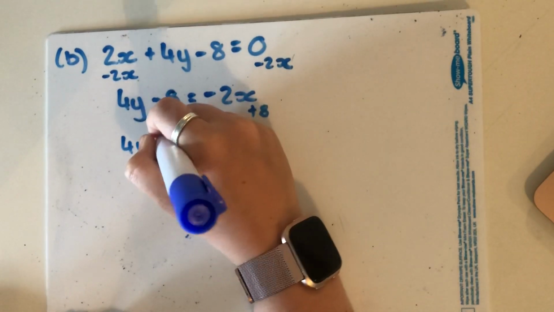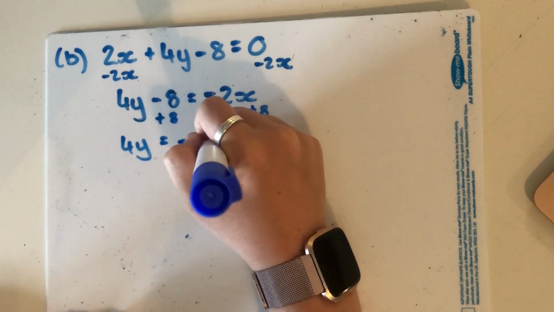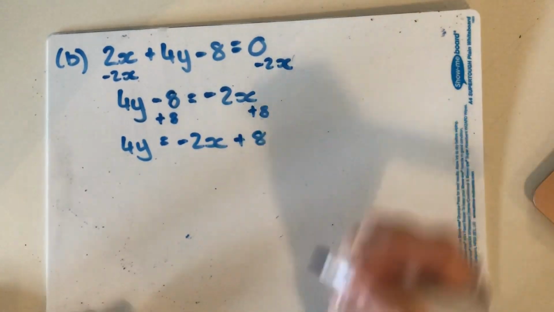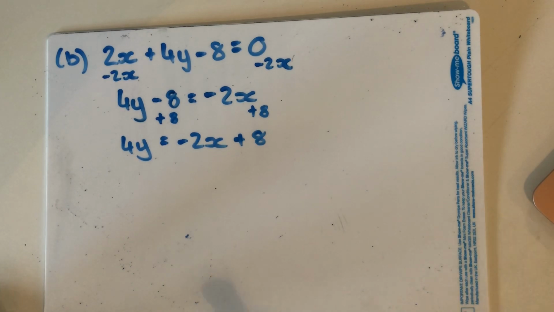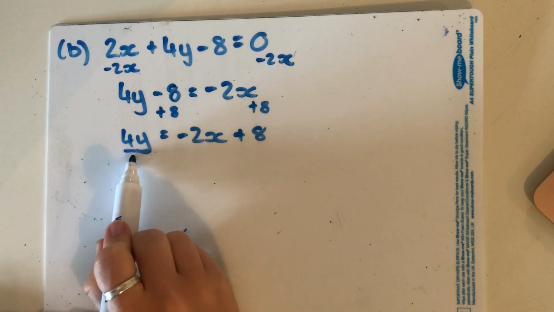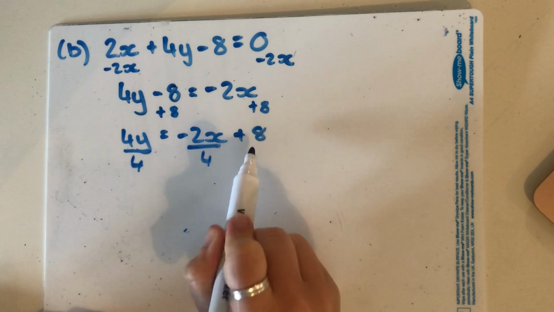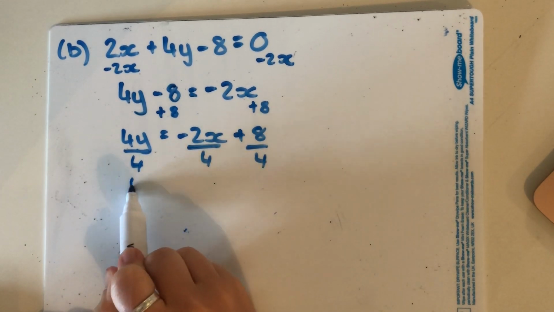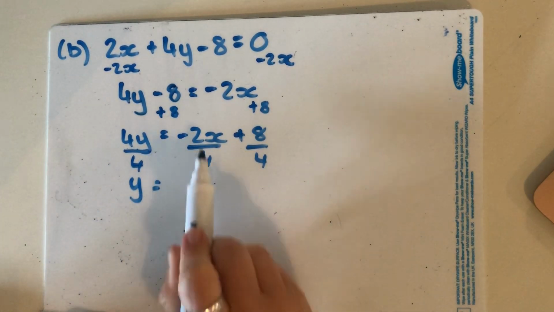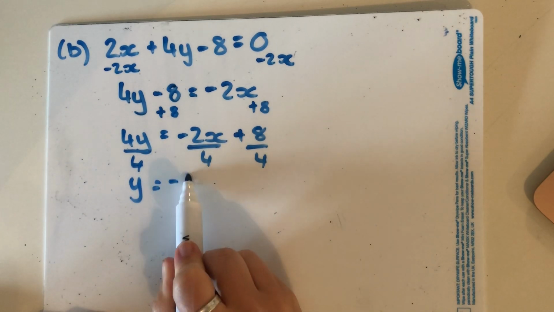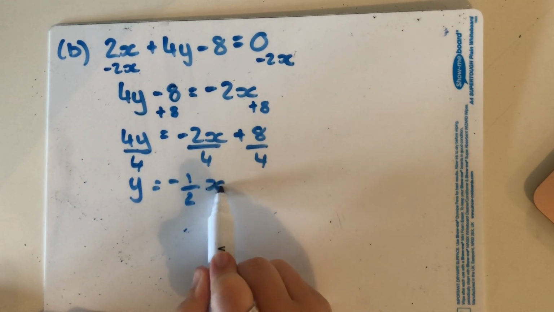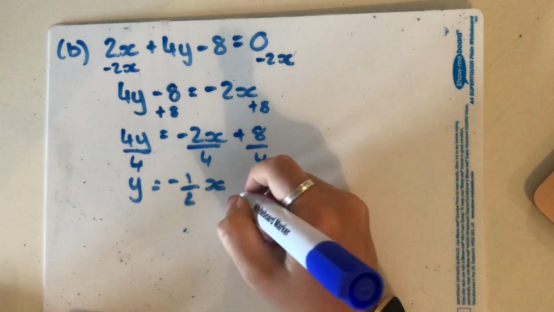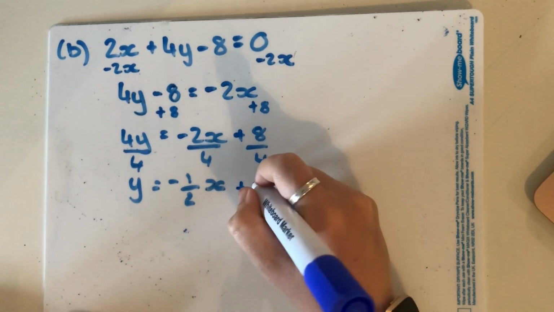So I'm going to have 4y is equal to negative 2x plus 8. And then I'm dividing both sides by 4. Okay, which is going to give me y is equal to negative 2 over 4 is negative a half x, so your gradient's negative a half. And then 8 over 4 is 2.